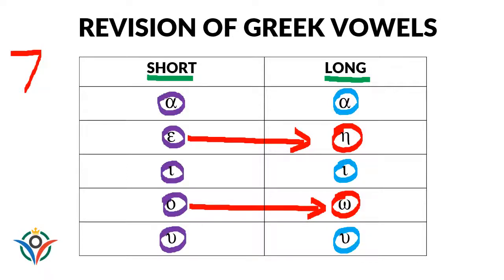All right, so I really want to encourage you to have memorized all 7 Greek vowels and to know which ones are short and long and which ones are only ever long. It's crucial that you have a firm understanding of these vowels before we move on. But if you are familiar with them and you are confident that you know them, then let's continue with this lesson.